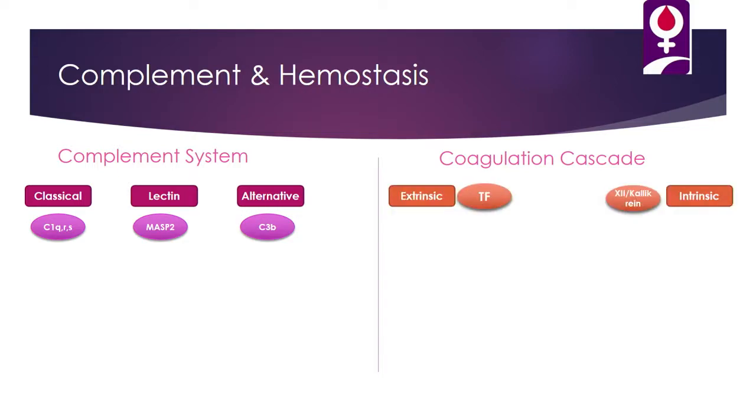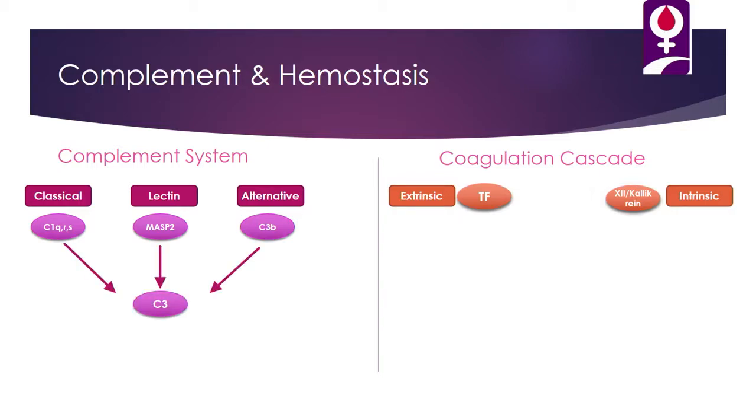And the coagulation cascade, the triggers are known to many in the audience: tissue factor, which initiates the extrinsic pathway, and factor 12 and kallikrein, which are involved in the intrinsic pathway.